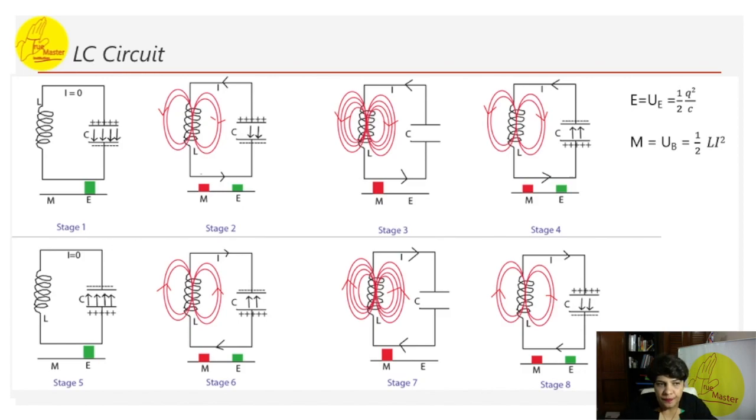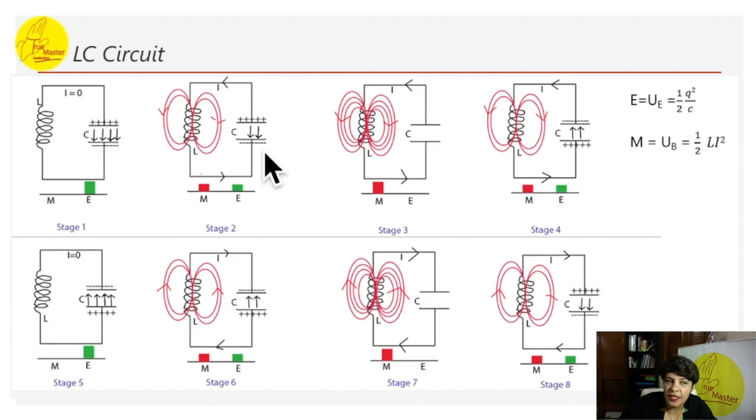Stage 2. As the circuit is closed, the capacitor begins to discharge itself through the inductor. Here you can notice there were 4 arrows, now the energy from the capacitor is flowing in the form of current. From the 4, these arrows have become 2.